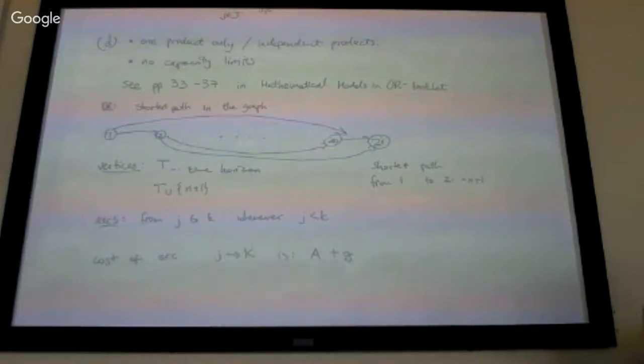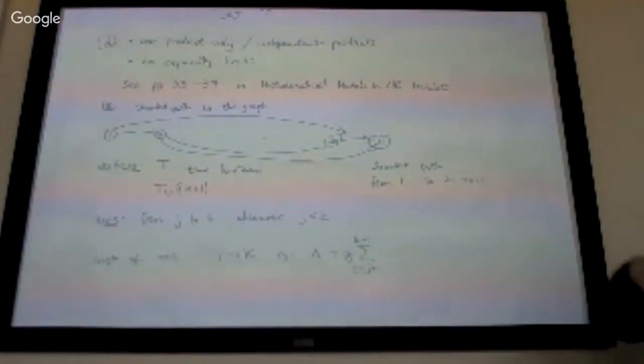So G is the storage cost, and you keep them in periods J plus 1 up to K minus 1, because you keep something into period J plus 1, period J plus 2, and so on.